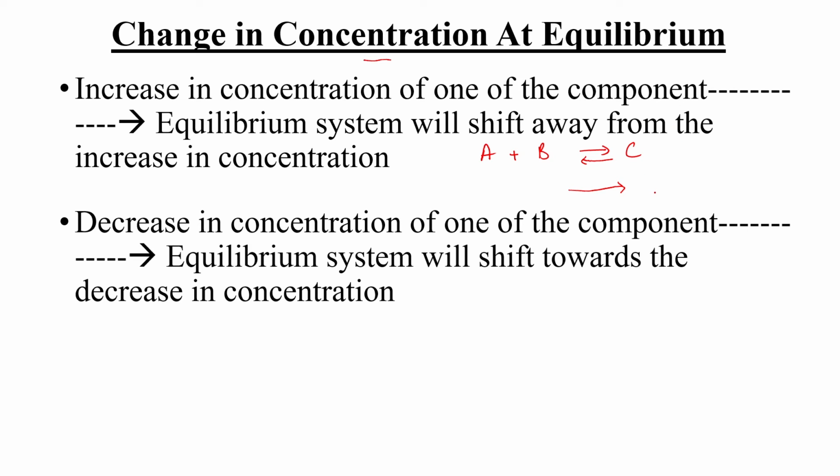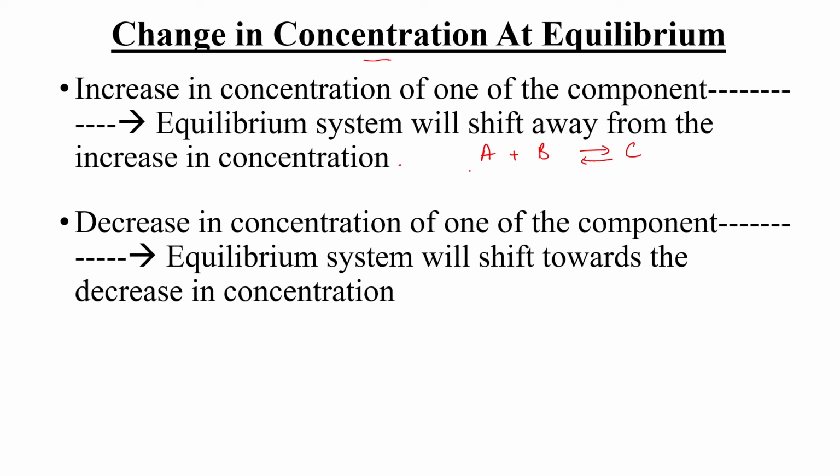If you have more product, the position of the equilibrium is towards the product. So that is what is happening here. When we increase the concentration, equilibrium is shifting away from the increase, going towards the product.